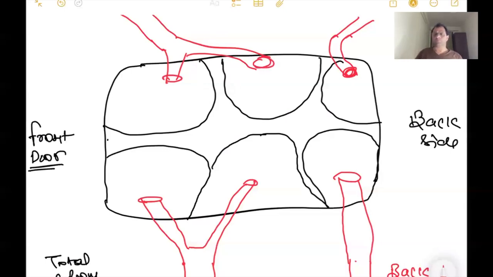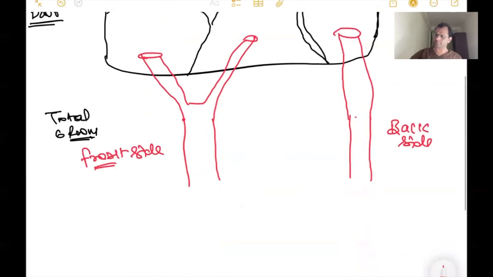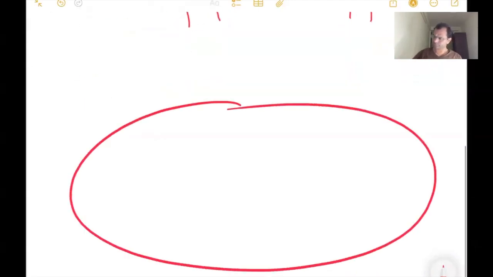So if we talk about the brain, the brain is the same. In the brain we have the anterior part of the brain, the middle part of the brain, and the posterior part of the brain.